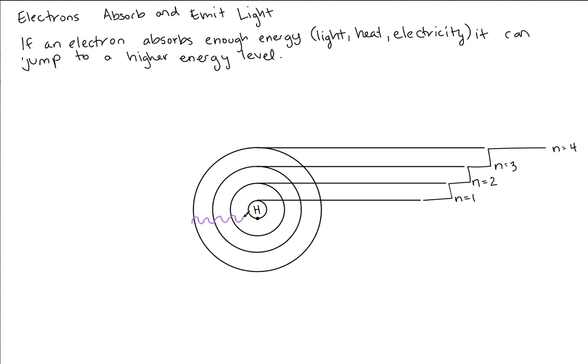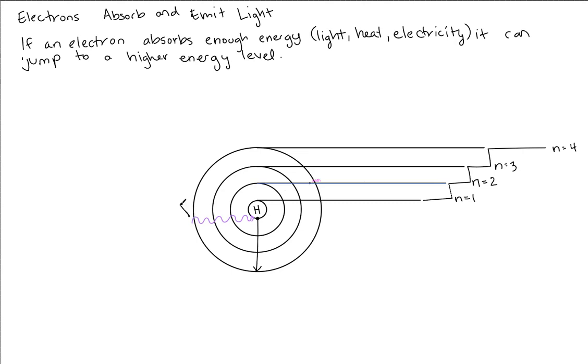We're going to say this is maybe some ultraviolet radiation. And when it absorbs that energy, it actually forces that electron to jump into a higher energy level. Let's just say that it jumps up to the fourth energy level. Okay? So let's write about this.